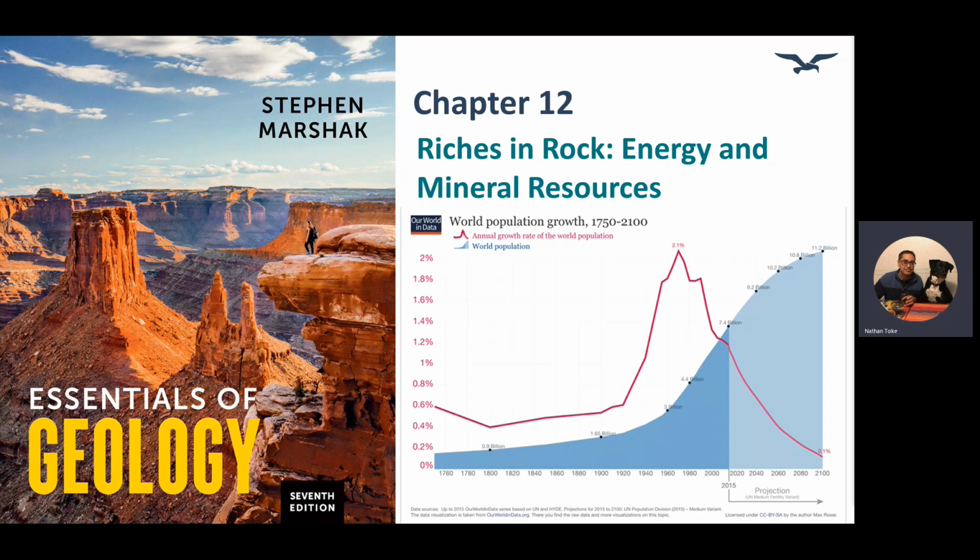We do have a carrying capacity of our planet, and we don't want to exceed that. So in this chapter, we'll be talking about these resources, some of the limitations that we face with these resources, and how the resources form.